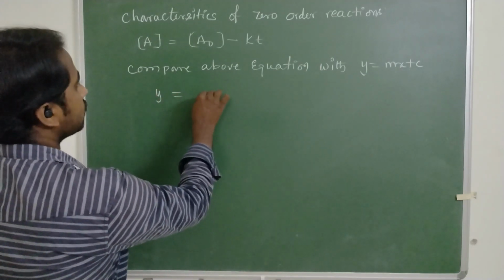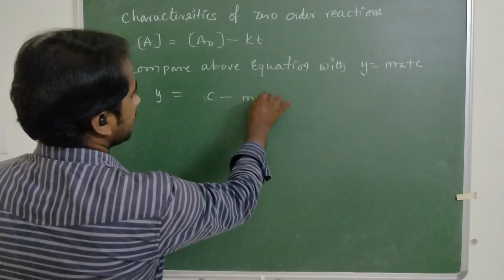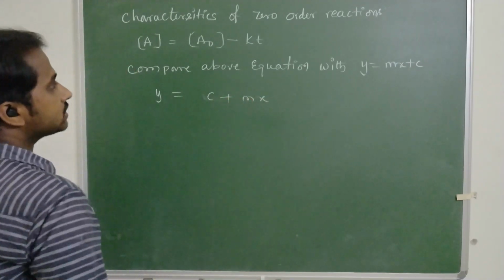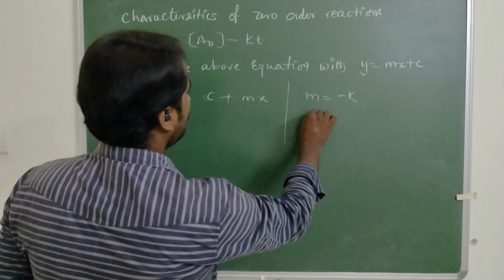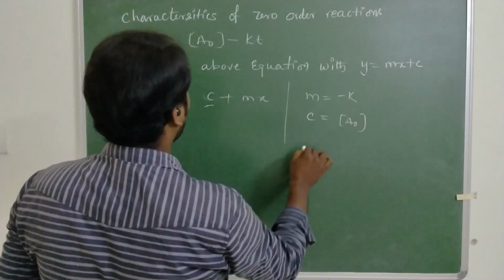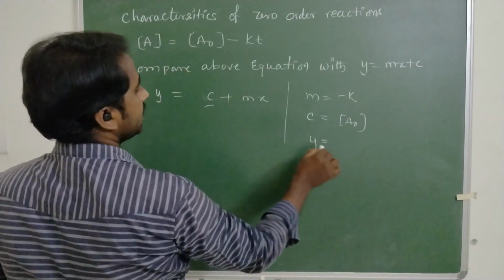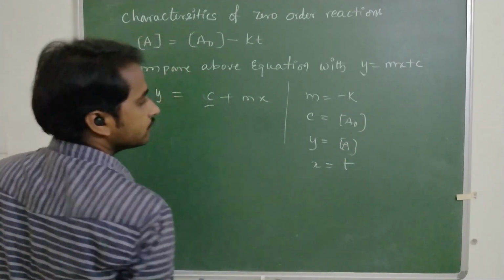So y is A, x is t, m is minus K, and c is A naught.